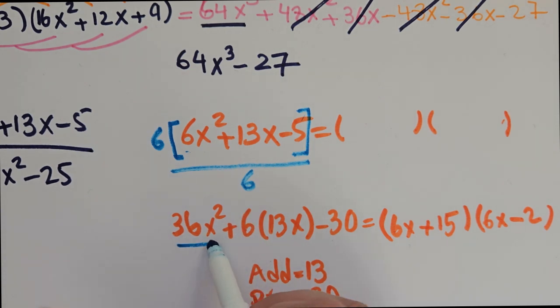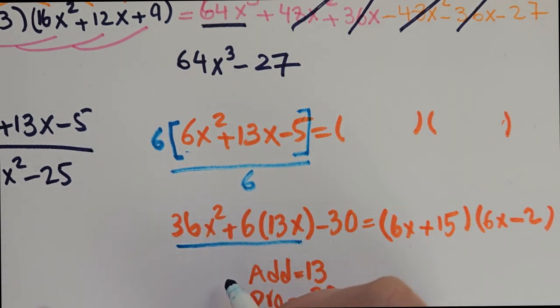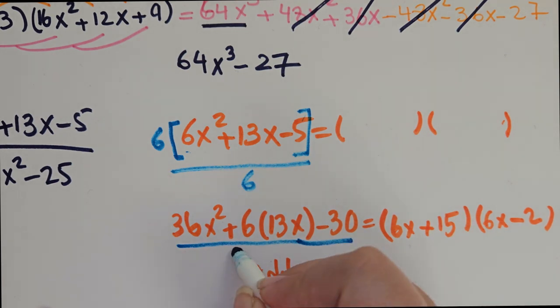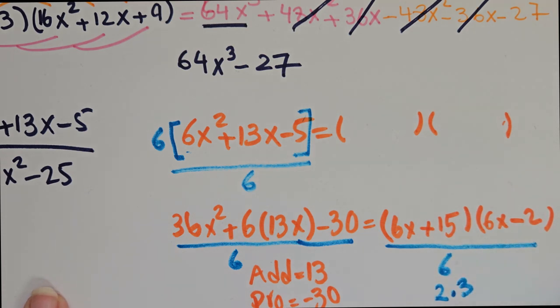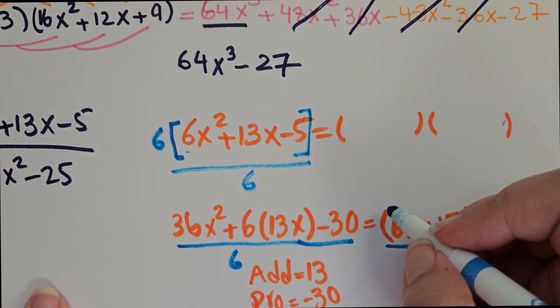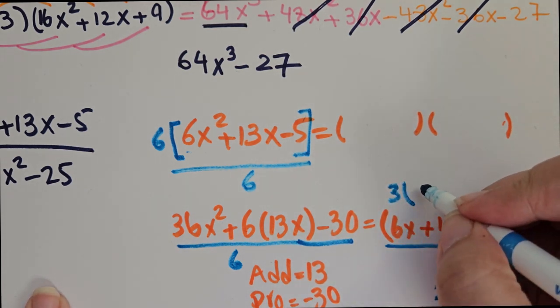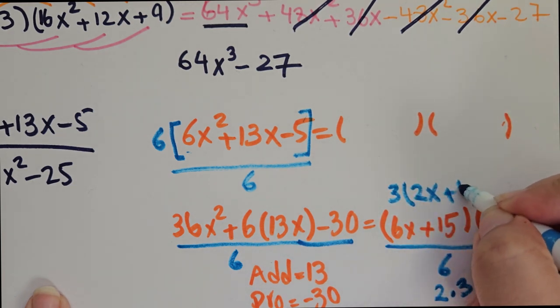So if I want to divide it by 6, this side should also be divided by 6. I can consider 6 as 2 multiplied by 3. So here I will factorize a 3, so it would be 2x plus 5.